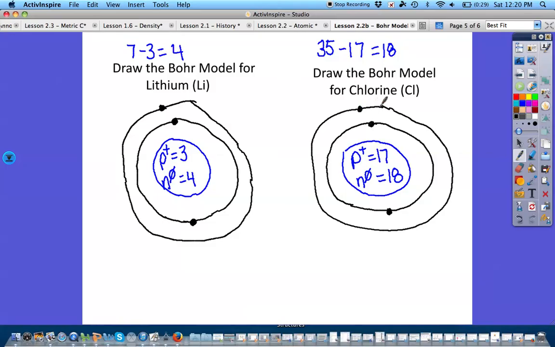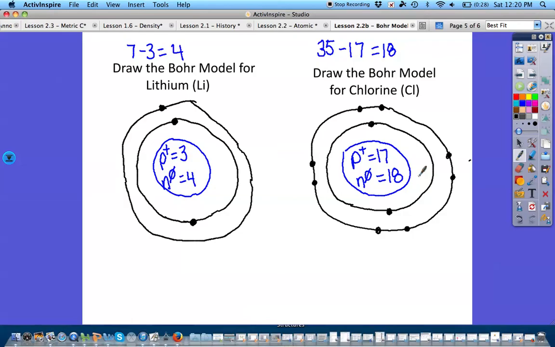So we're going to put our 8 electrons into our second energy level. And the electrons like to be paired, so that's why I'm pairing them up here. They kind of make this cross up, down, and across on the different energy levels.